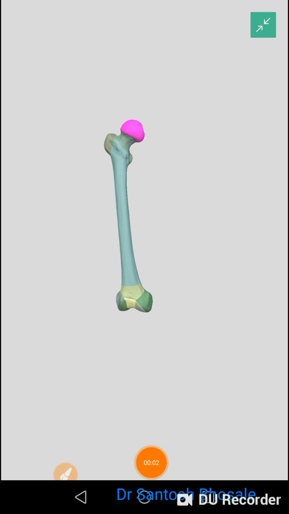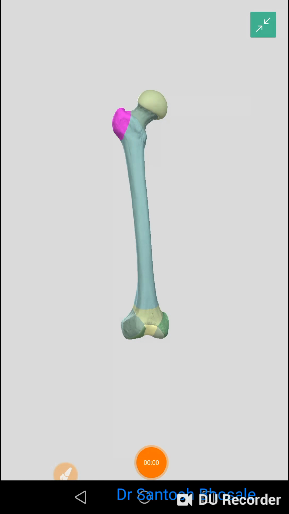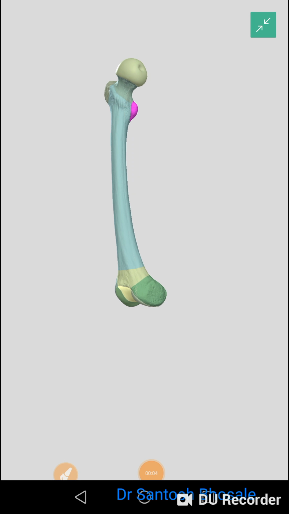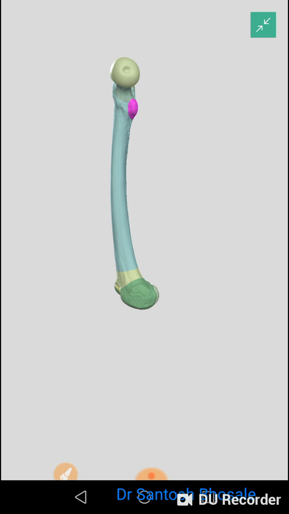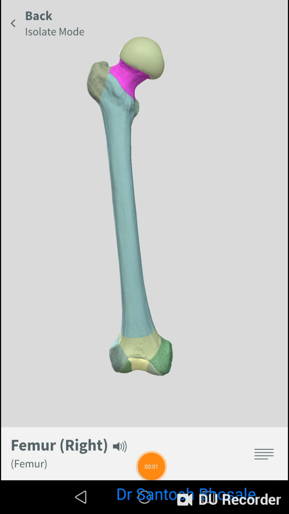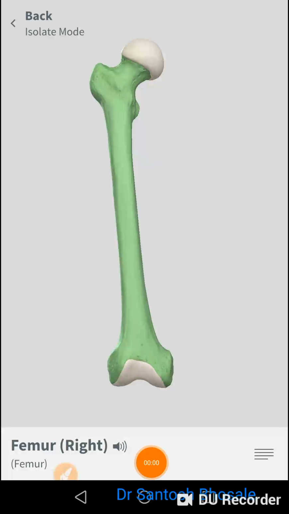This is the head, this is the neck, this is the greater trochanter, and you can see here, posteroinferior to the neck, this is the lesser trochanter. So the upper end meets the shaft anteriorly between the two trochanters. This is the intertrochanteric line, whereas posteriorly this is the intertrochanteric crest.